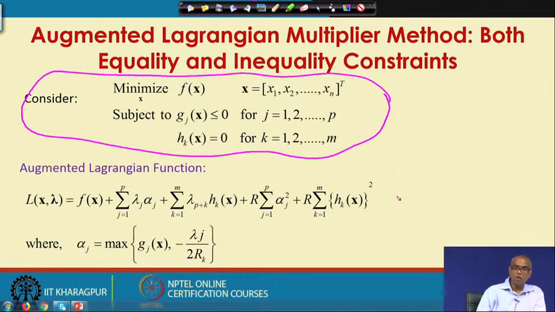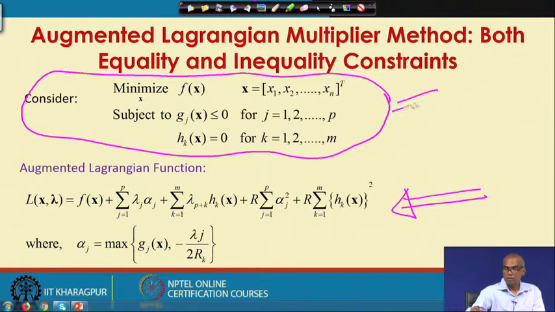So, first, by combining the augmented Lagrangian function for inequality constraints and equality constraints, I formulate the augmented Lagrangian function for this general problem. And then this augmented Lagrangian function has to be solved using an unconstrained optimization algorithm to obtain the minimum point for this general nonlinear programming problem.